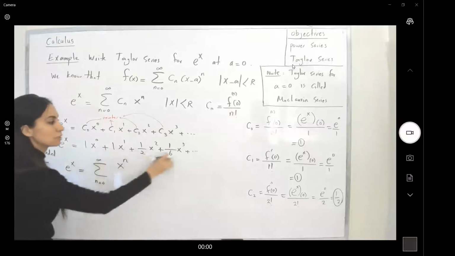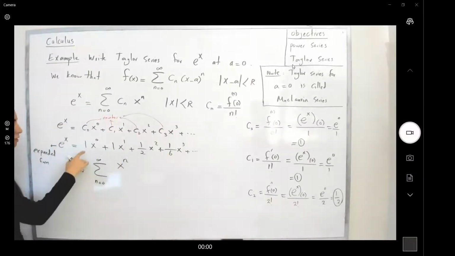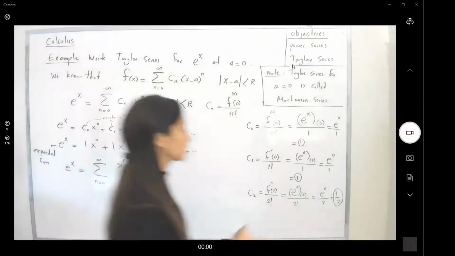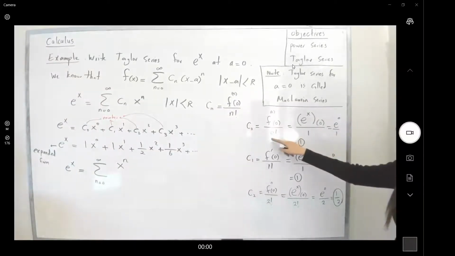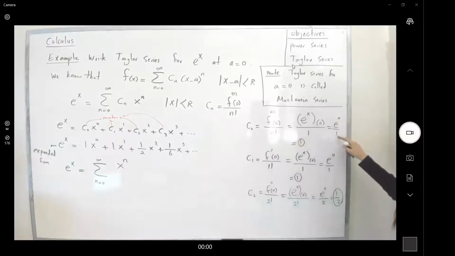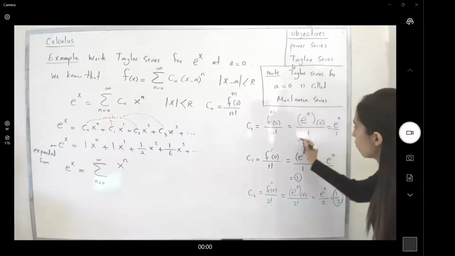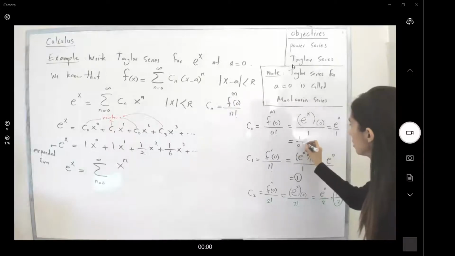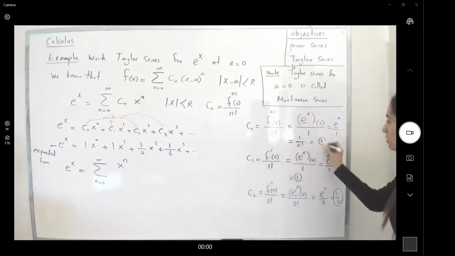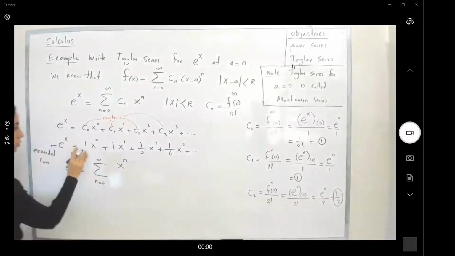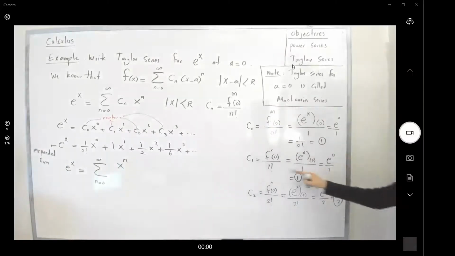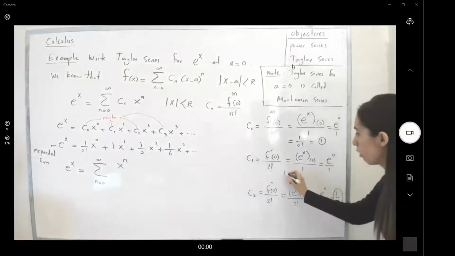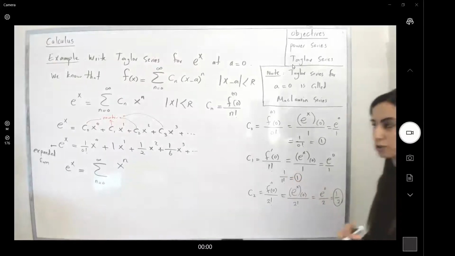What do we do with these coefficients? The first coefficient is 1. Take a look at what you had before. It is 1 divided by 0 factorial, which was 1. The second coefficient is e to 0 divided by 1 factorial, or 1 over 1 factorial.